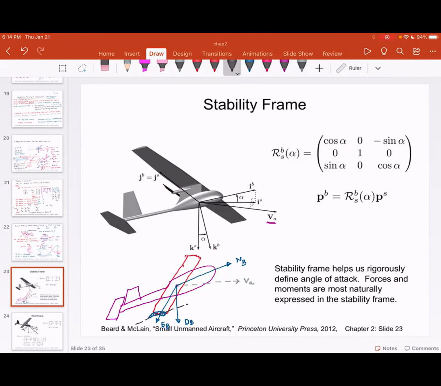If you see from here, you will observe that the airfoil is something like this. And this angle is called alpha, which is also called the angle of attack.